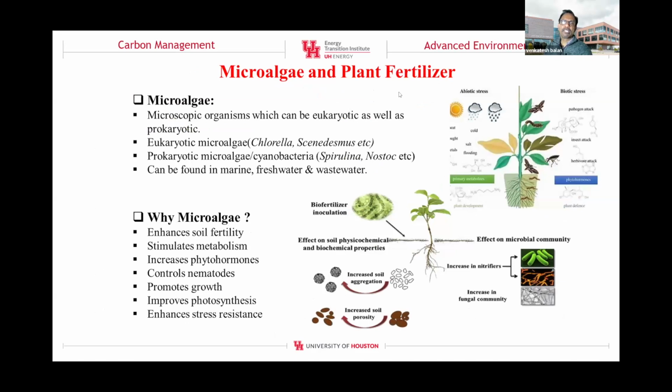So why microalgae, and why is it a good fertilizer for plants? It's a microscopic organism, as you all know. I already mentioned it can be prokaryotic or eukaryotic, freshwater or marine. Interestingly, algae has NPK: nitrogen, phosphorus, and potassium. It enhances soil fertility.